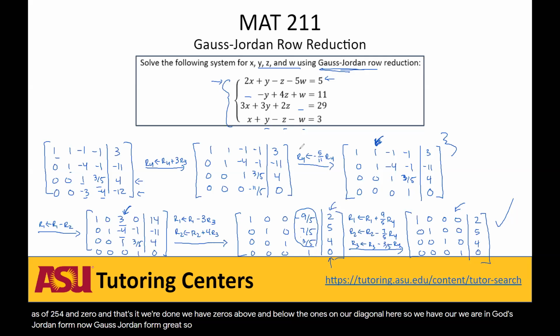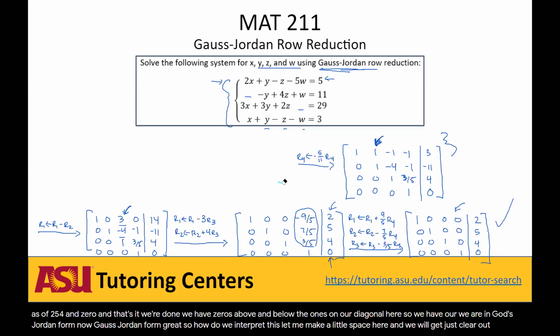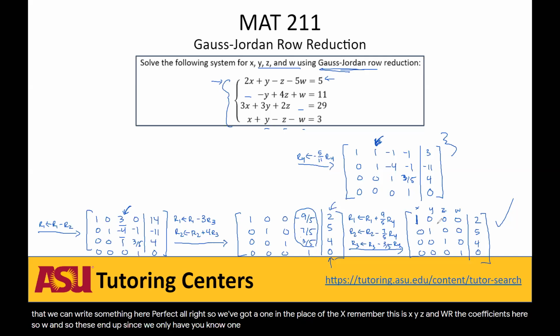Great, so how do we interpret this? Let me make a little space here and clear out enough that we can write something. Perfect. All right, so we've got a 1 in the place of the x. Remember, x, y, z, and w are the coefficients here. Since we only have ones in each of those rows, these end up being the solutions for each of those.